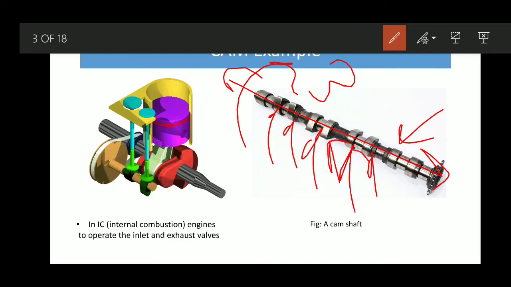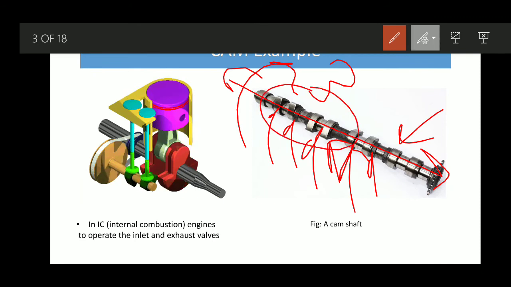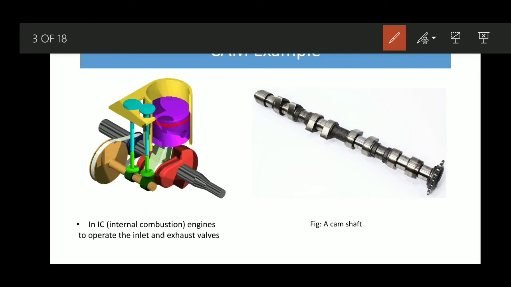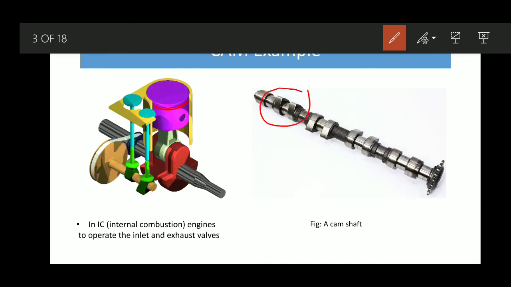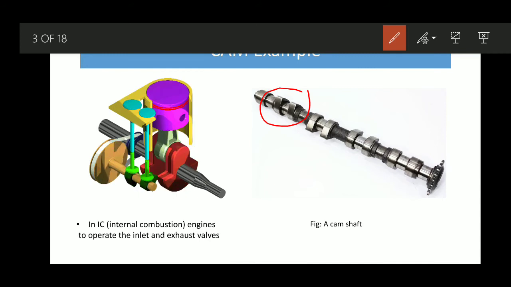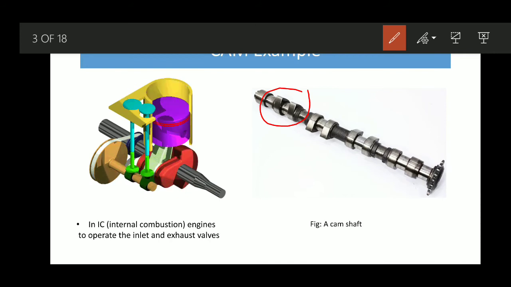In that case, if the shape of the cam is similar, you can expect a similar motion but at a different time, because different surfaces of the cam come into contact with the follower at different times. So based on the shape, whether the distance of the follower point is changing during that contact period of the cam and follower, there will be motion of the follower.